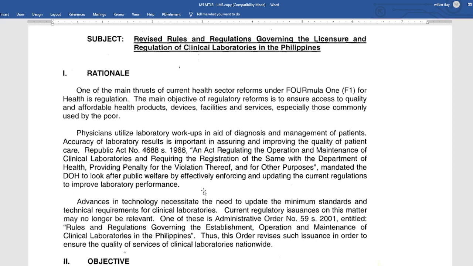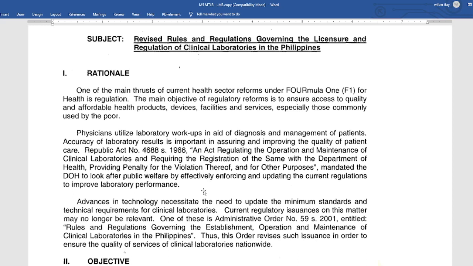Since the test results made from these clinical laboratories involve patient lives or human lives, it is very essential that what they do must be in accordance with the law to prevent abuse, to prevent malpractice or negligence, and to provide penalties so that negligence, malpractice, or other violations are not made. That is to protect the general welfare of the public.